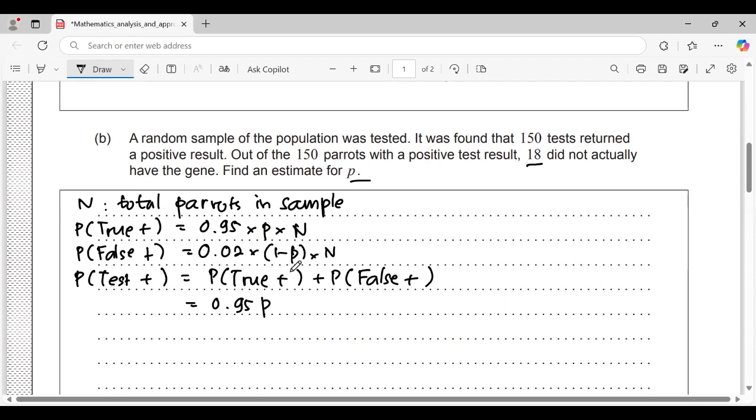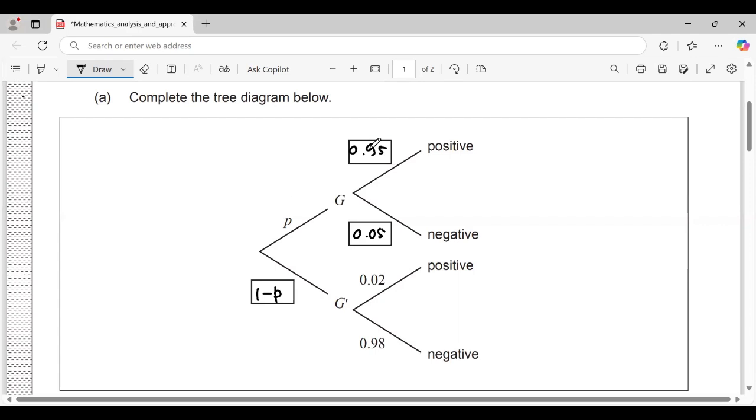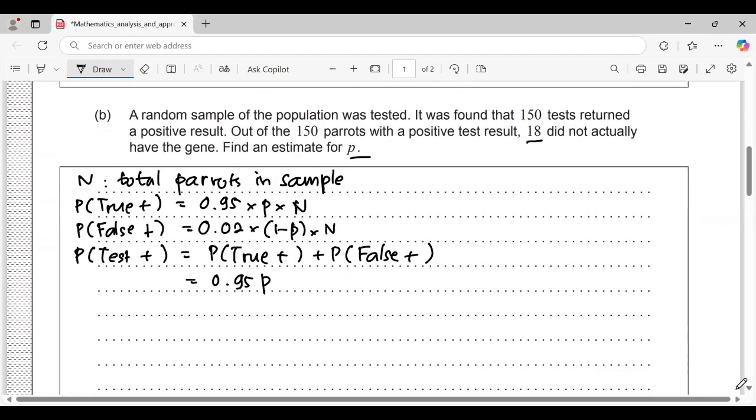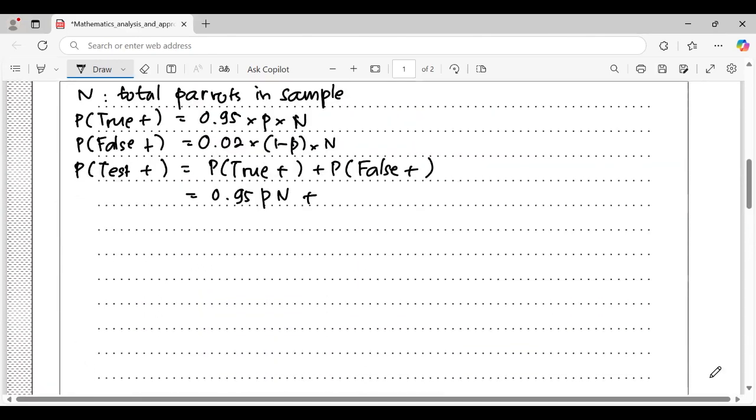And it is 0.95P, so true positive. You can see on this diagram, this one, 0.95P times N plus this one, false positive, 0.02 times 1 minus P, times N. And the result is 150 according to the information.